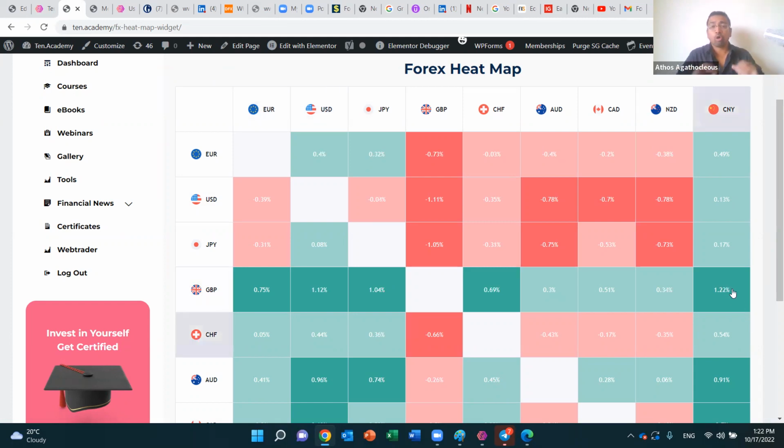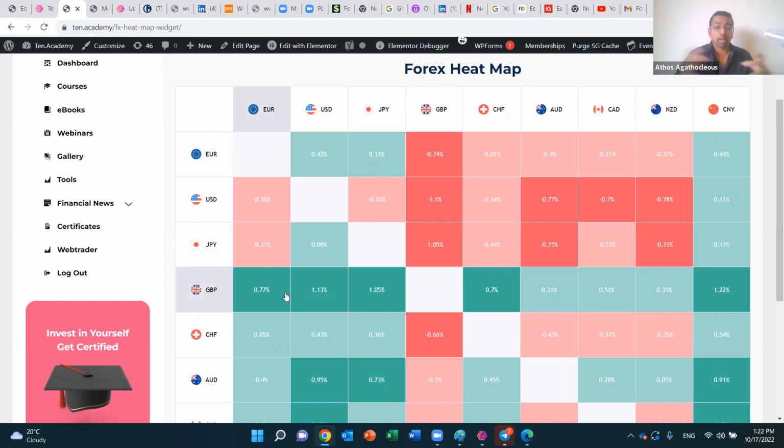So if horizontally most or the majority of these boxes are highlighted in green, the green is highlighting to us that it's bullish. So it's bullish against the currencies at the very top. So for example, if GBP is 0.75%, it's more bullish because it's green compared to the euro.